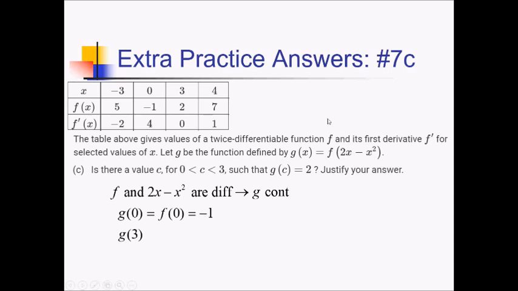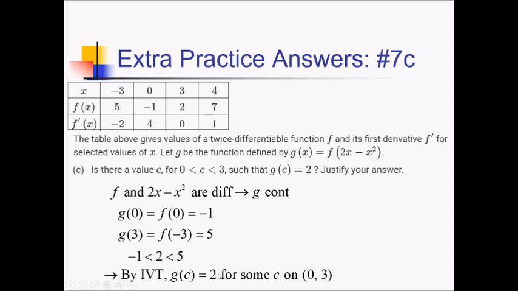So that's going to be, let's see, f of 6 minus 9, so negative 3, f of negative 3. F of negative 3 in the table looks to be 5. Is 2 between negative 1 and 5? Sure is. So therefore, we're guaranteed by the intermediate value theorem that g of c does equal 2 for some c value on the open interval from 0 to 3.